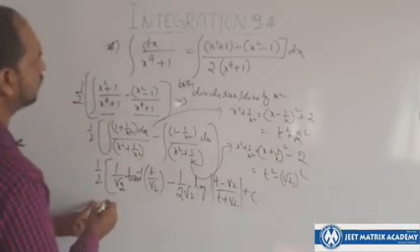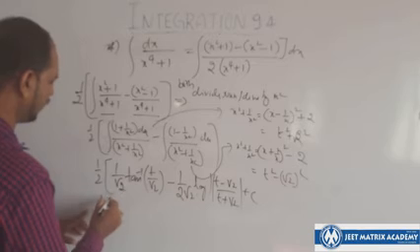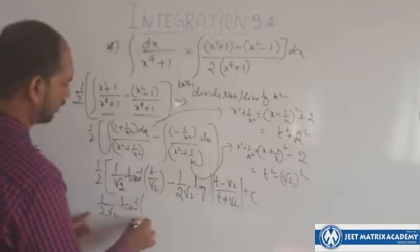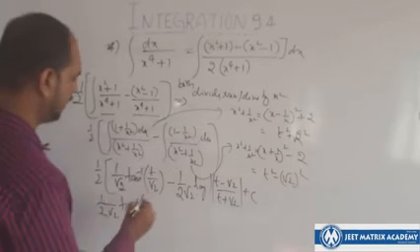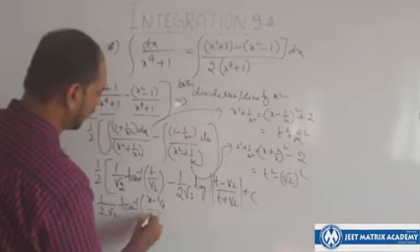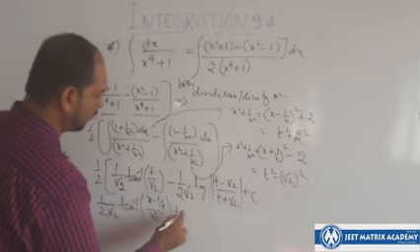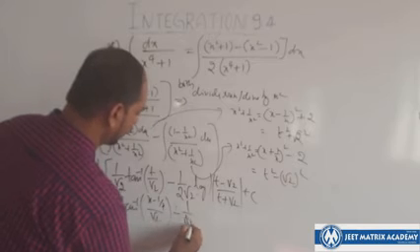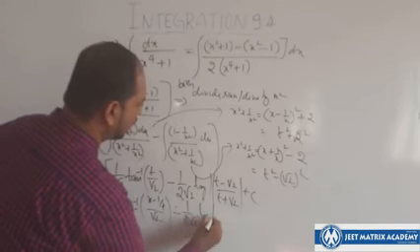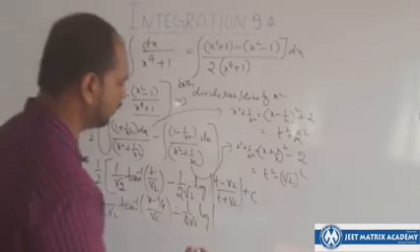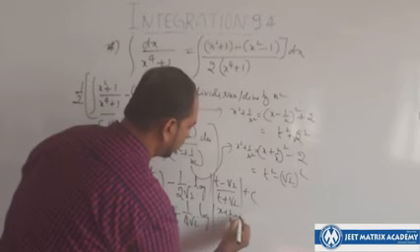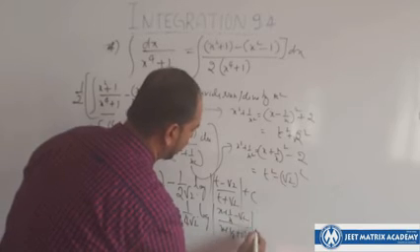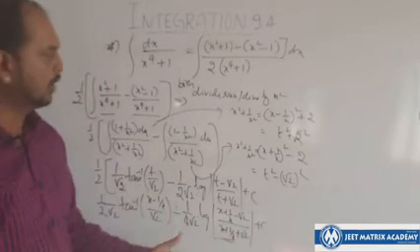Simply we could do 1 by 2 into root 2 tan inverse of t, which is here x minus 1 by x, by root 2, minus again 2 twos are 4, that is 4 root 2 log of t, which is here x plus 1 by x minus root 2 over x plus 1 by x plus root 2 modulus plus c, final answer.